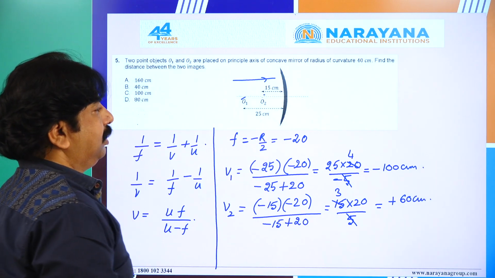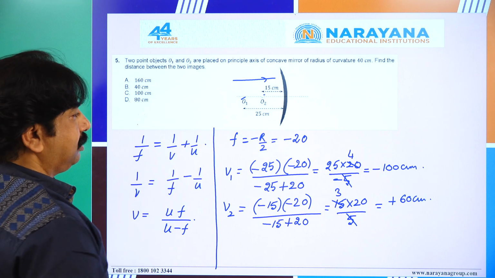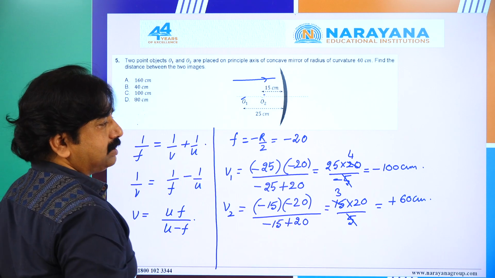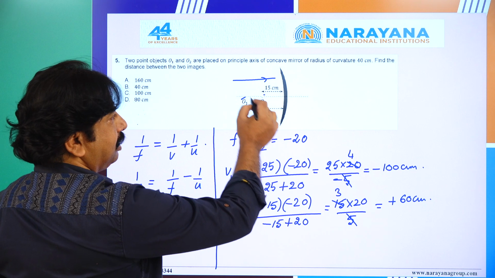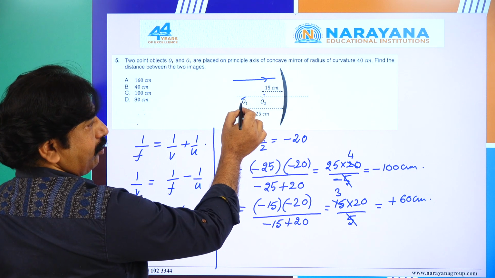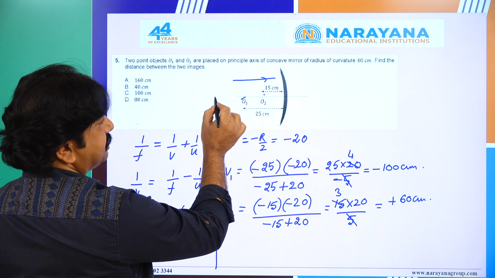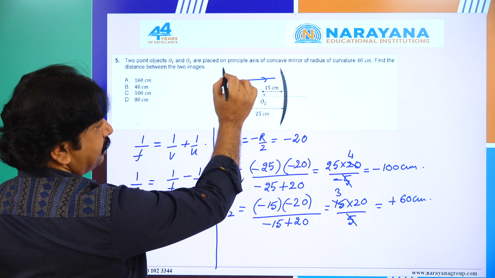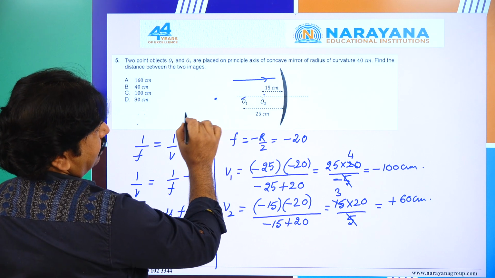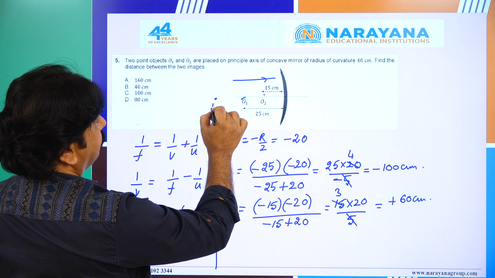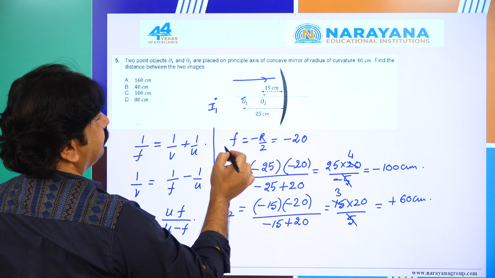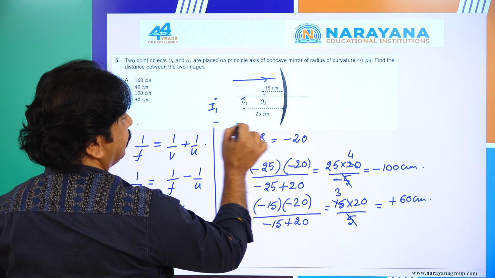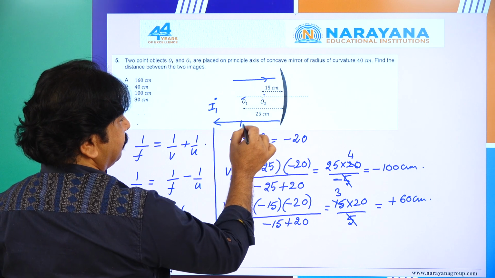So as per the diagram, v1 is minus 100 centimeters, means the image due to O1 forms this side. That is nothing but the image position. This is I1. The distance of this one is 100 centimeters.